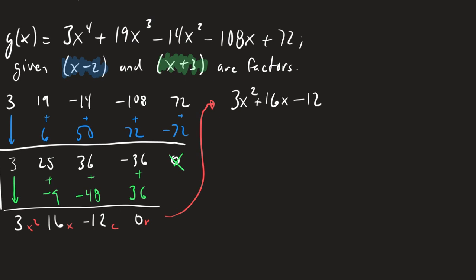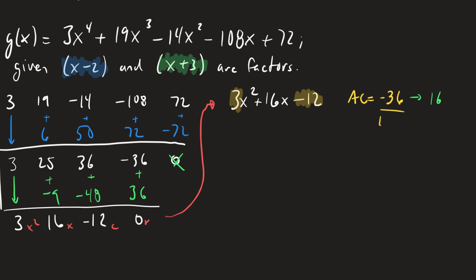So again, we're going to need to factor this using the AC method. So our A is 3, our C is negative 12, so our AC is negative 36. We need that to add to 16.